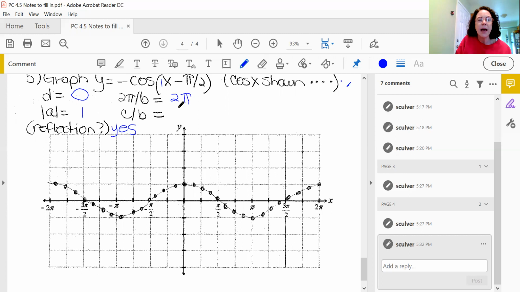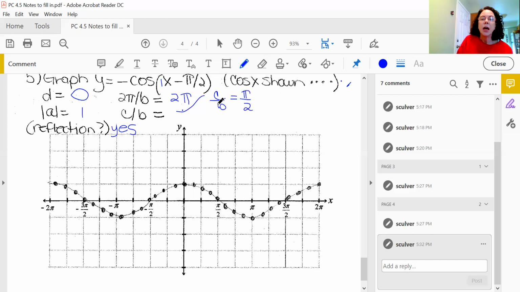It would seem that my phase shift then, my C, is pi over 2, right? So let's come on up over here. So C over B equals the phase shift, which is pi over 2, right?